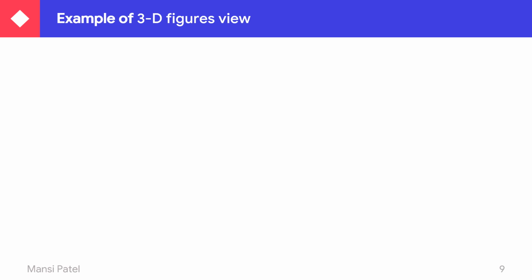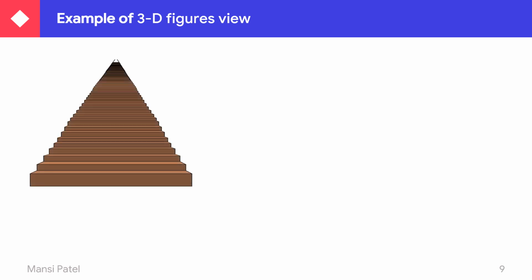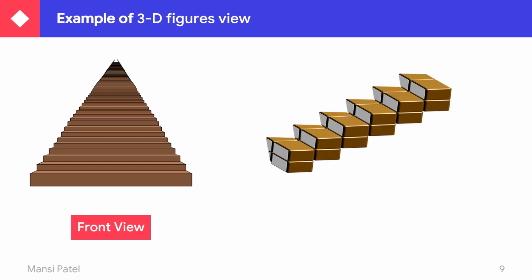Let us see some examples of 3D figures' views. See, this is a staircase. From which view do you see this staircase? Then you look like this. So this is the front view of the staircase. Now the second one.